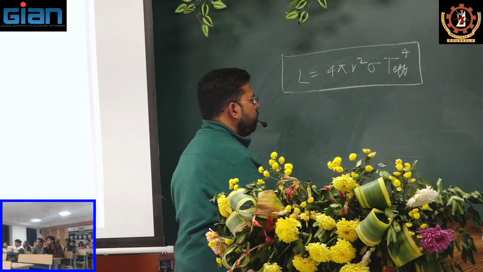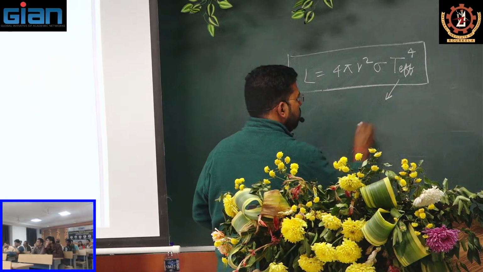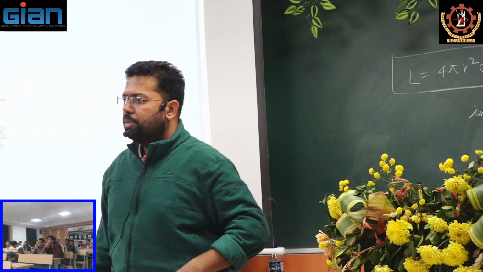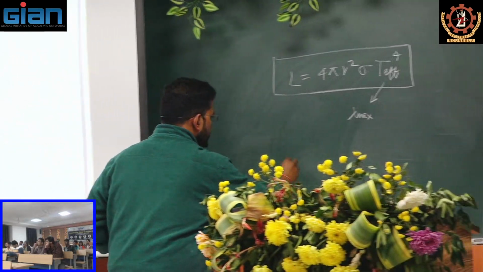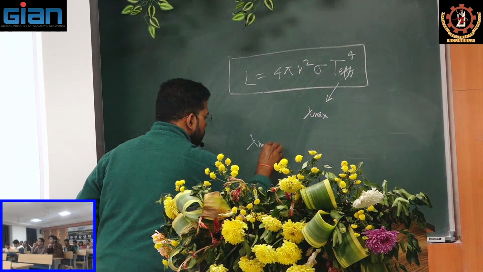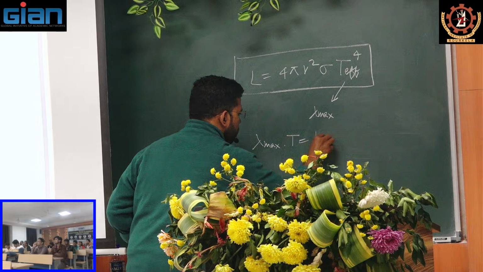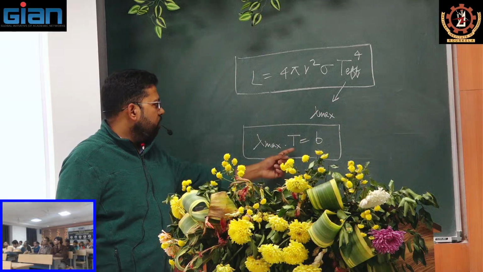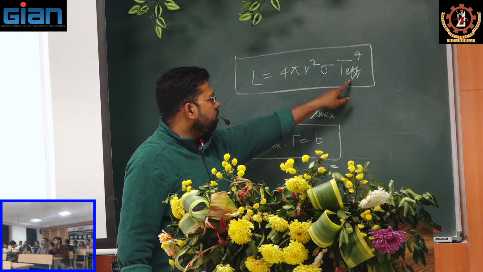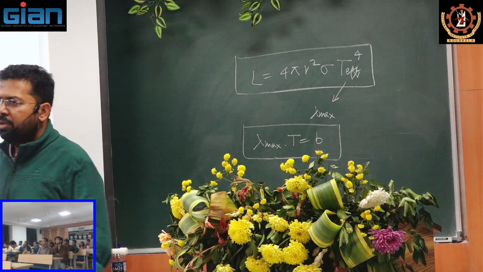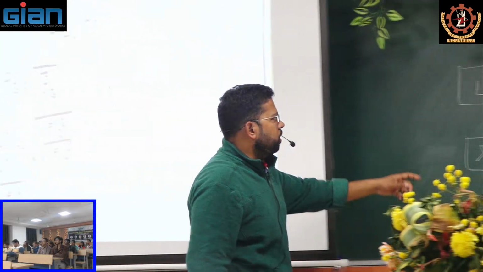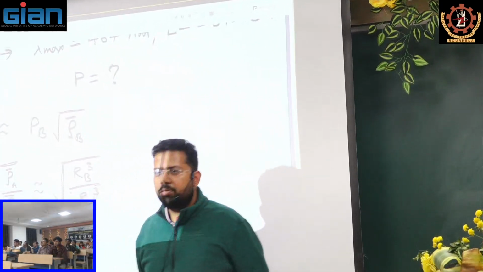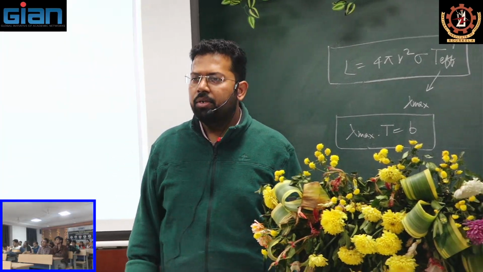We already know T effective, or surface temperature, because we know lambda max. Wien's displacement law states that lambda max multiplied by the temperature is equal to a constant B. So from here you can easily find the surface temperature, and knowing the surface temperature and the luminosity, from this relation you can find the radius of star B. And the moment you know the radius of star B, then you know the pulsation period of star B.